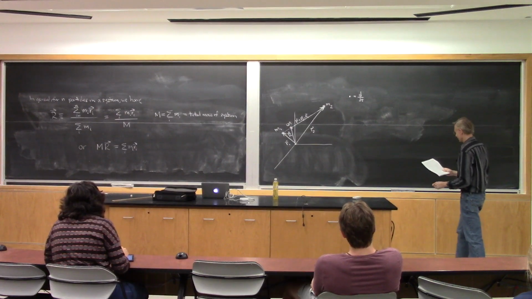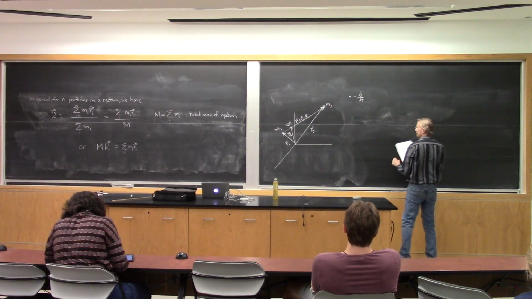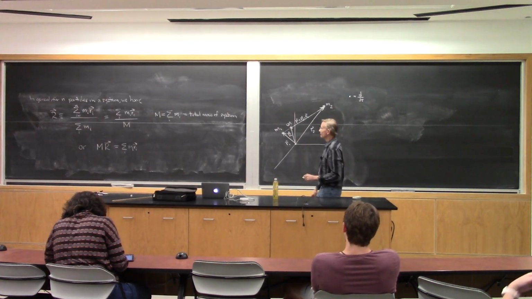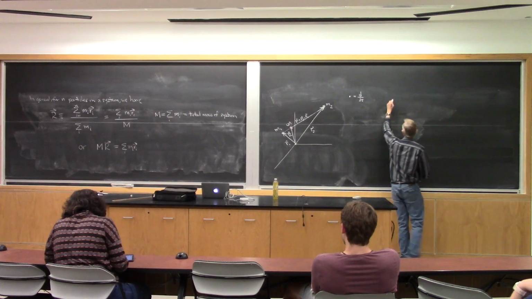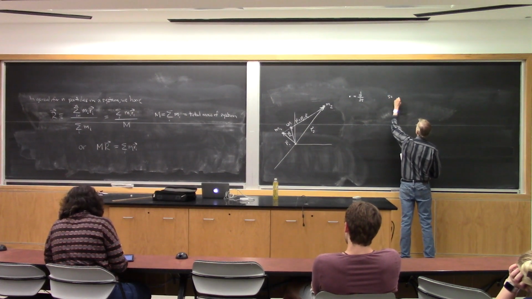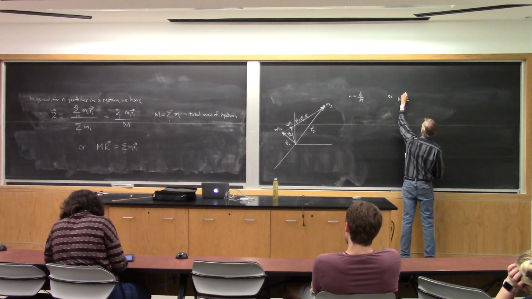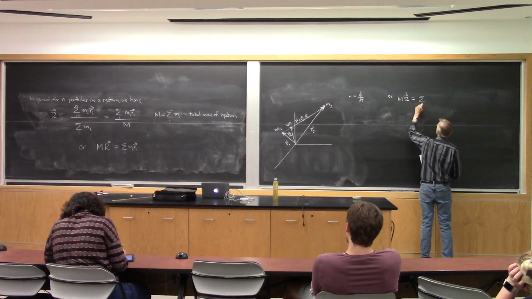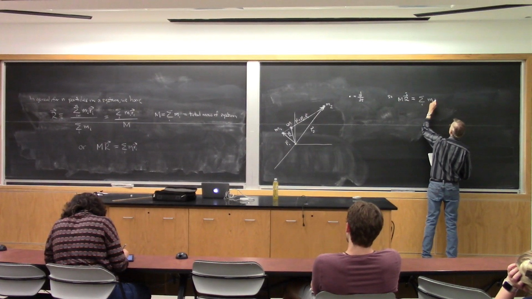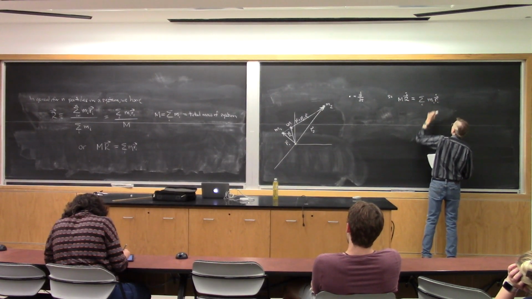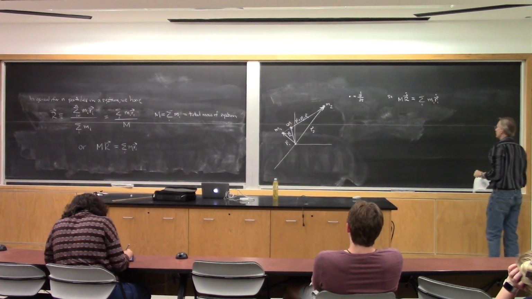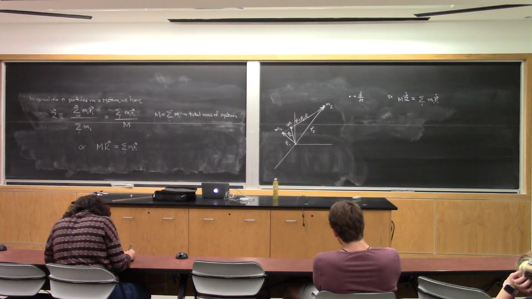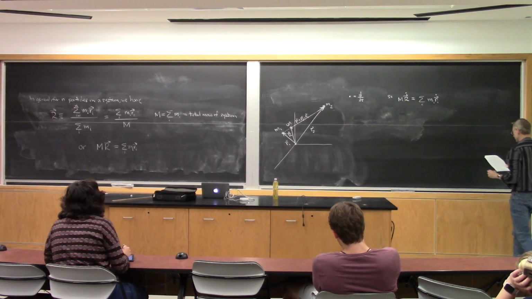So, since MR is the sum of the m_i r_i, take a dot on both sides. M R dot is equal to the sum of the m_i r_i dot, right? Because the derivative of the sum is the sum of the derivatives.